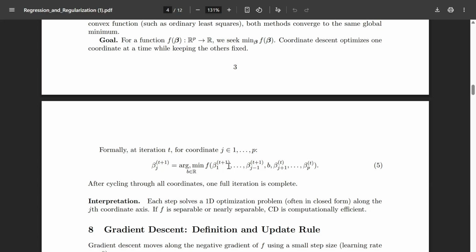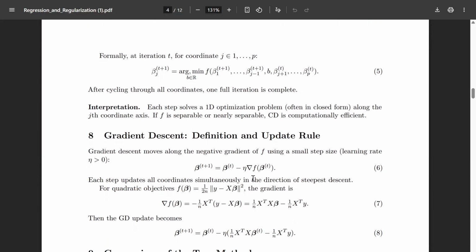Basically, when you are trying to find the gradient, you take del f by del beta i. You make a vector of the partial derivatives of f with respect to beta 1, beta 2, beta 3, and so on.